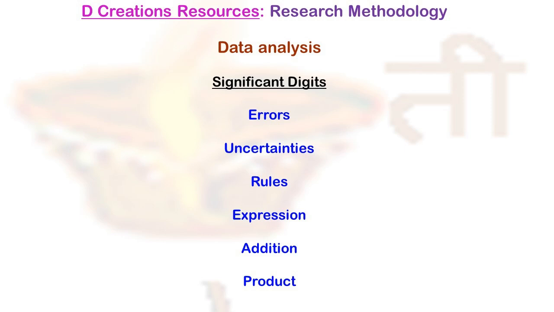To give you another example, consider the number 8.0. Now here, if you are expressing the uncertainty, instead of saying 8.0 plus or minus 3, you should be saying 8.0 plus or minus 3.0, so that the number of digits after the decimal point in both the number and the uncertainty are the same.